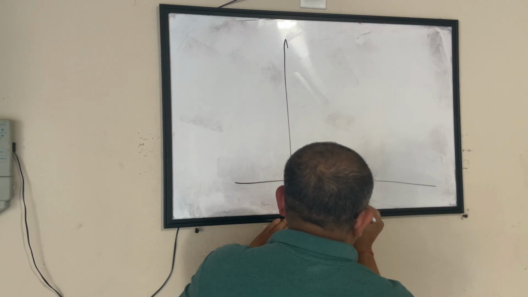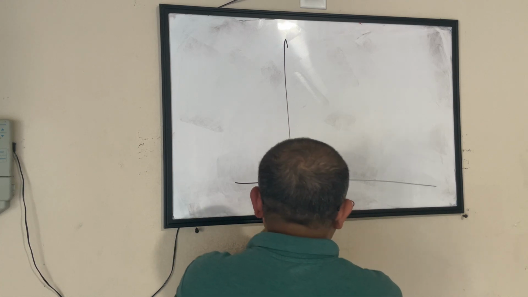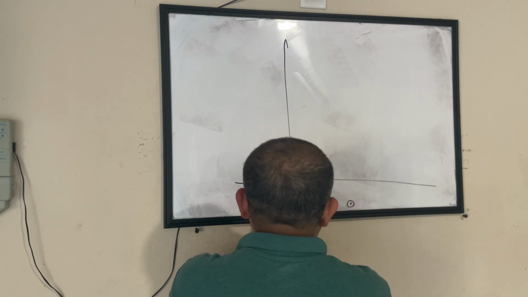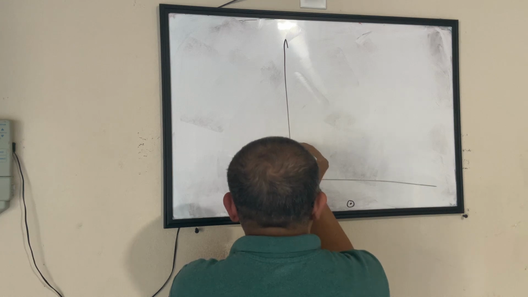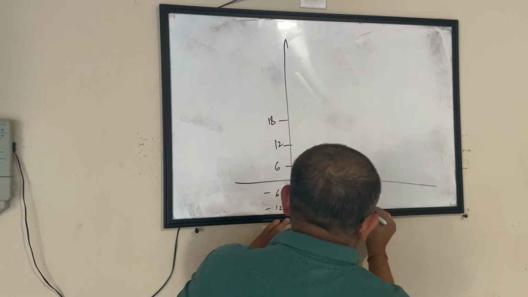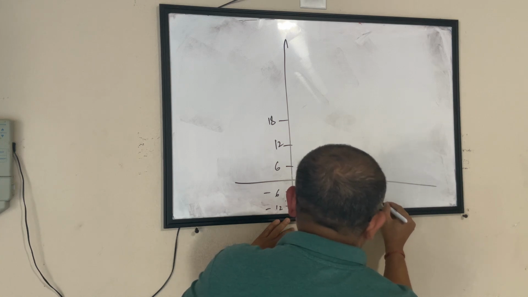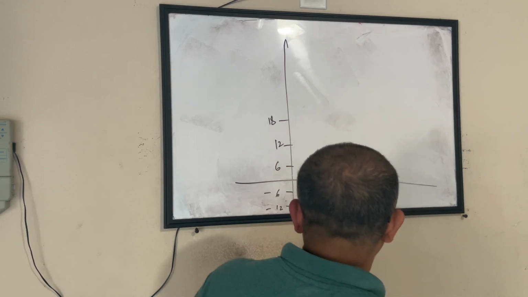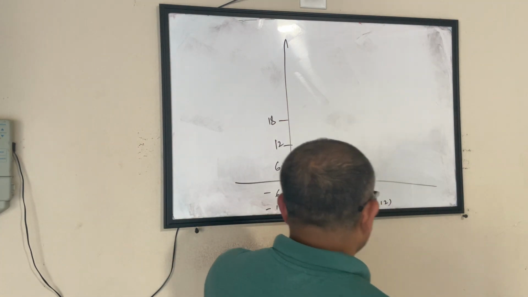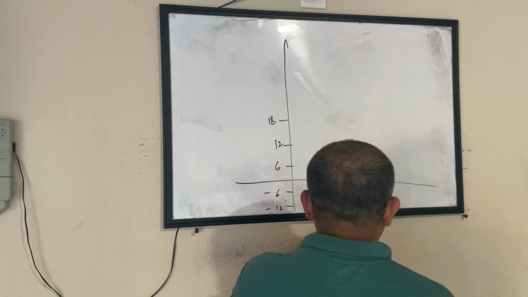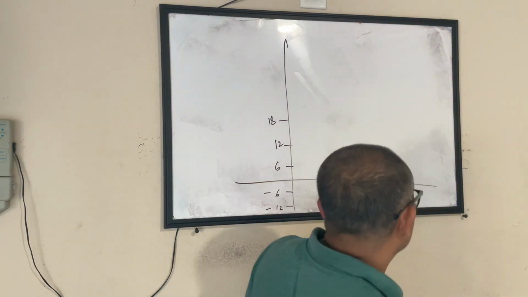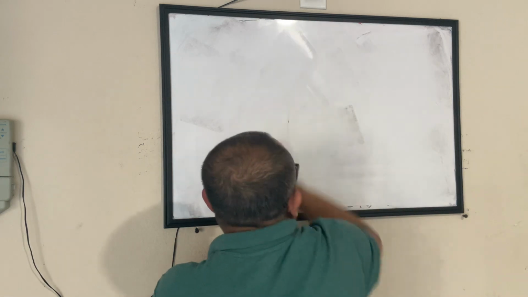On the y-axis, it is 6, 12, 18, and it was 6 and negative 12. So this was my first point. And second point was 12 and minus 18. How will I draw that with the way I have put it here?